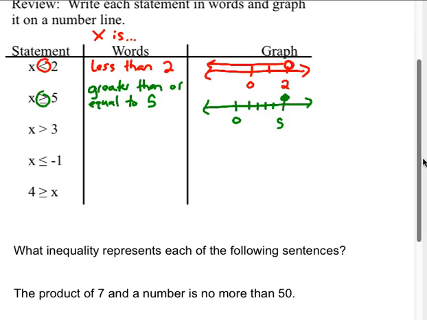Remember that equal to means we have a closed circle. Okay? Now, another way to write this would be at least. Okay? So X is at least 5.